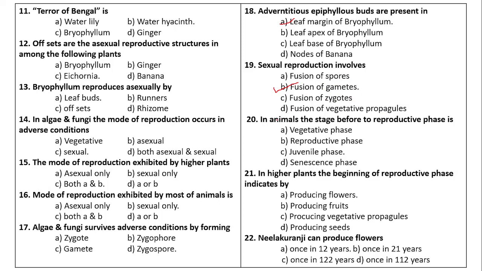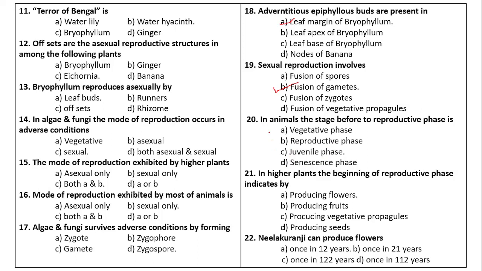Then the 20th question: in animals, the stage before the reproductive phase is called. Option A, vegetative phase. Option B, reproductive phase. Option C, juvenile phase. Option D, senescence phase.